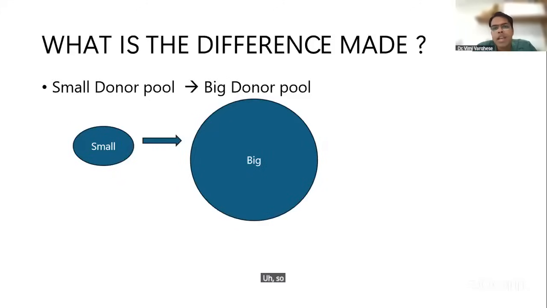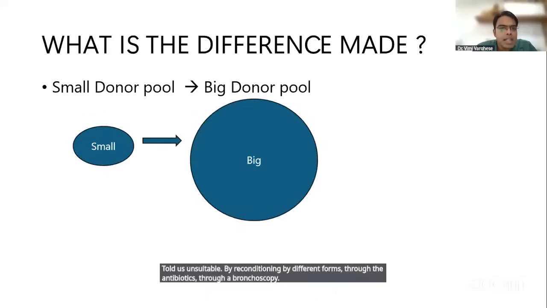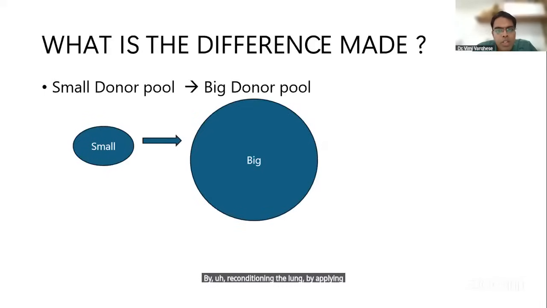So what is finally the difference that is made? We are having a small donor pool previously that is made to a bigger donor pool with the help of an EVLP. We are able to condition the donor lung, which was previously told as unsuitable, by reconditioning by different forms through the antibiotics, through a bronchoscopy, by reconditioning the lung by applying different solutions so that the compliance can be improved.